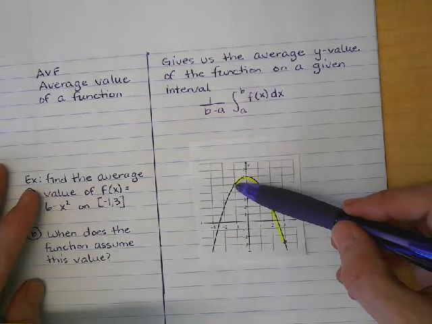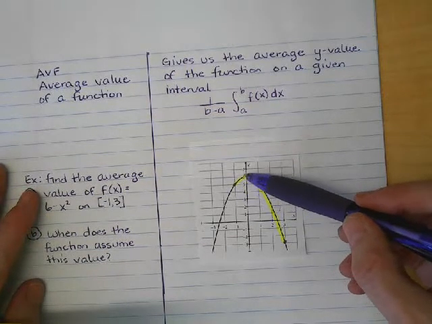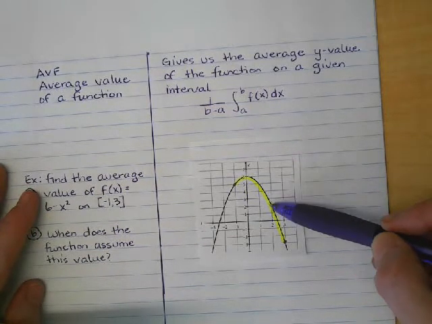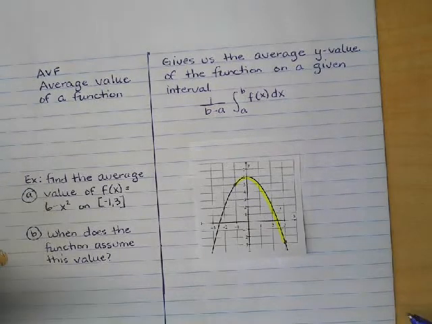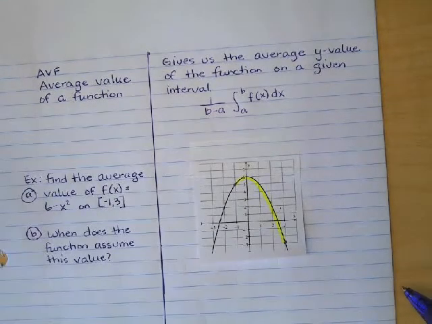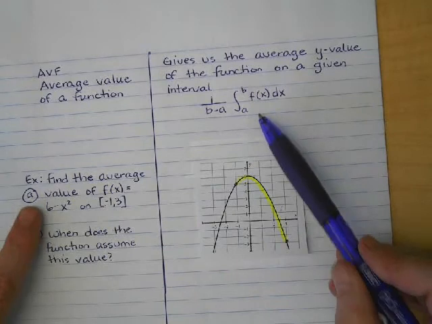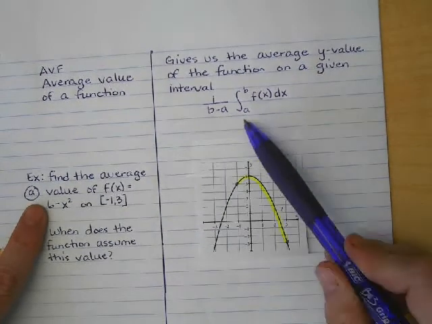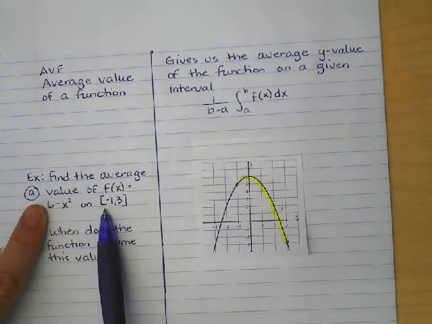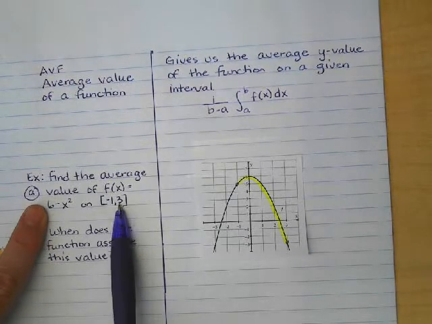If I could figure out those infinite y values, add them all up, and take the average, what would it be? That's literally what I'm trying to find. Here's a and b.